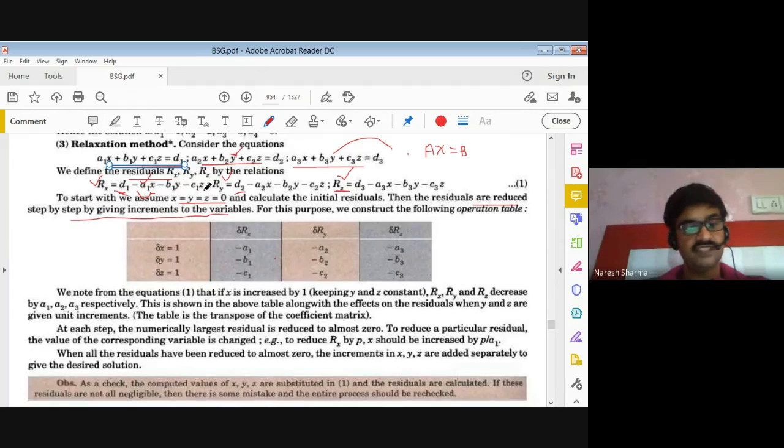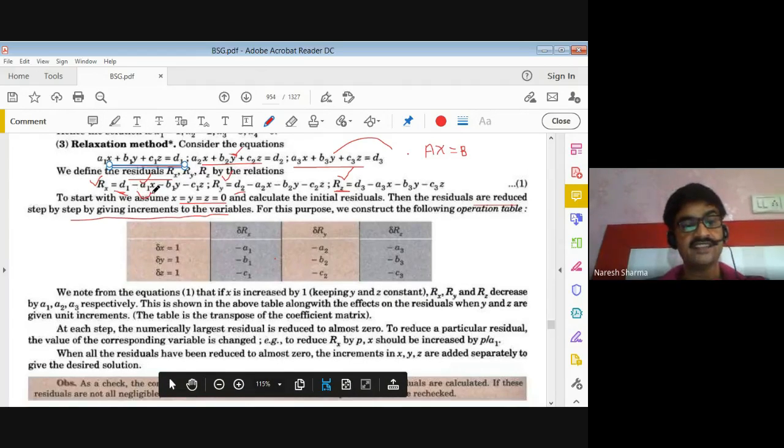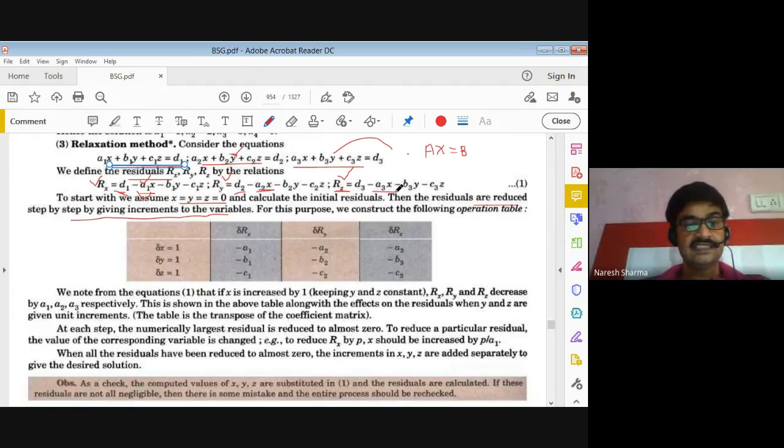Similarly, if we change any variable x, y, z by 1 unit, the corresponding a1, b1, c1 values are decreased. So if we change x by one unit, rx is decreased by a1, similarly ry is decreased by a2, and rz is decreased by a3.